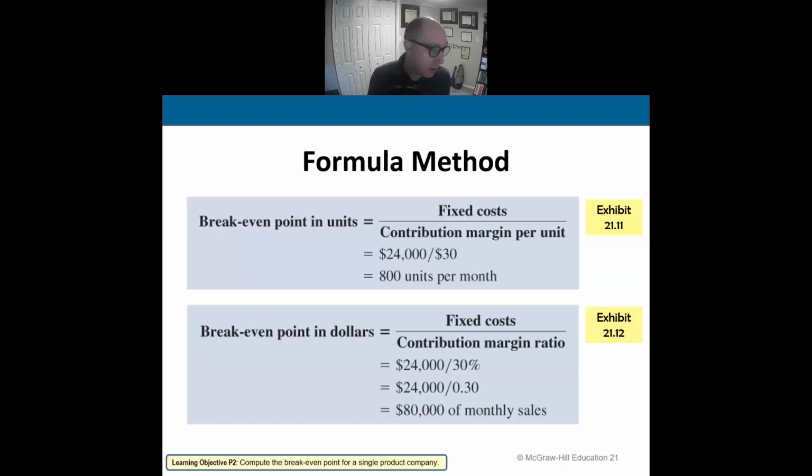That's why it's so important to know this formula and be able to explain it to someone you're helping, or a business that you're in. And hopefully they're tracking their costs. So you can say, these are the numbers we need to run to figure out how many units you need to sell, how much money you need to make in sales to break even. And that will change the business owner's perspective on what they're doing.